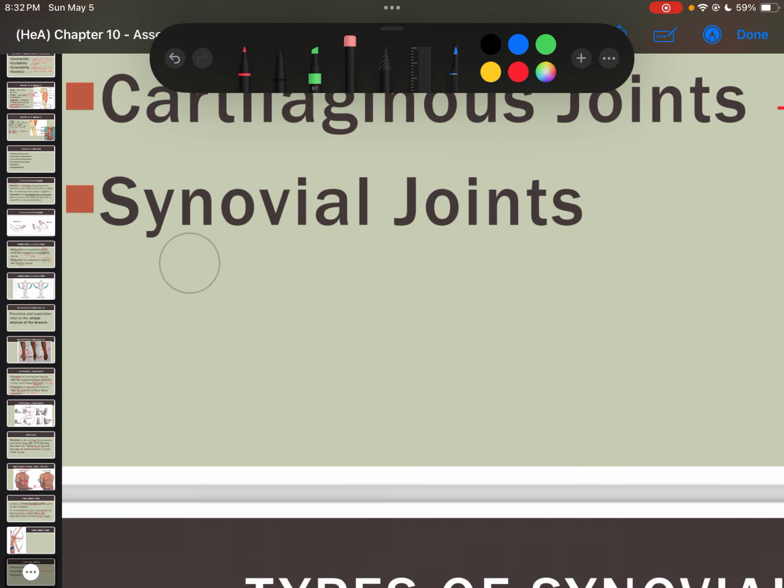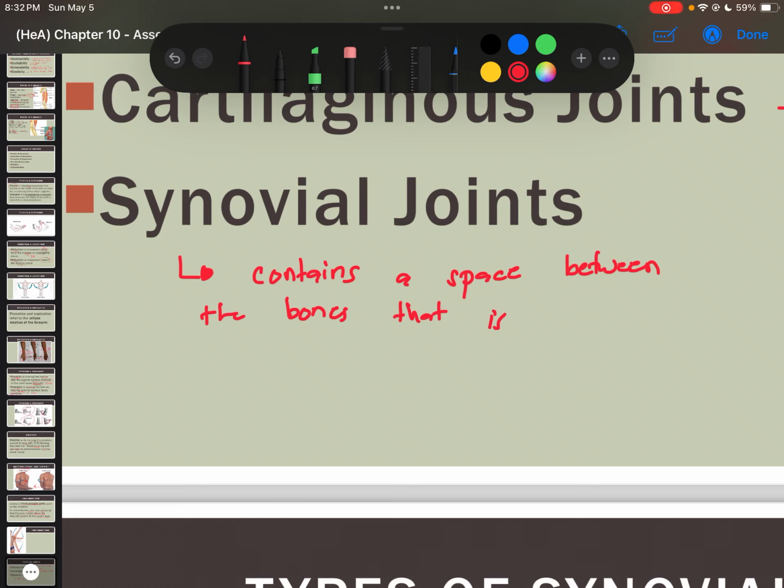A synovial joint contains a space between the bones that is filled with synovial fluid.